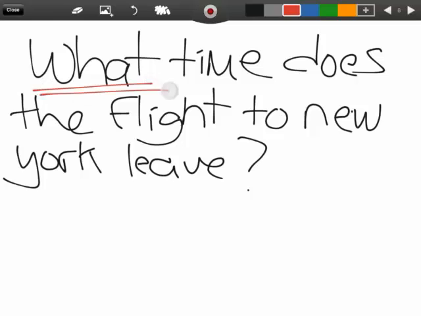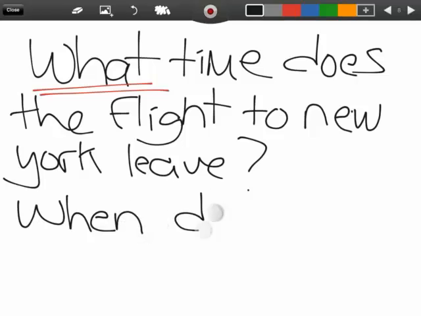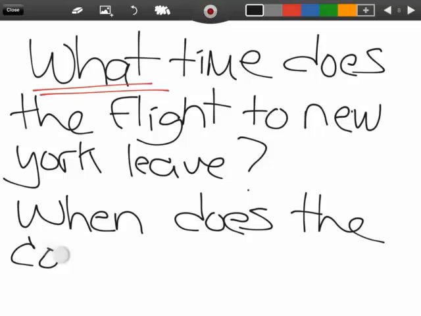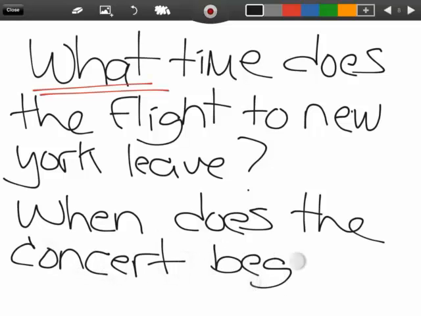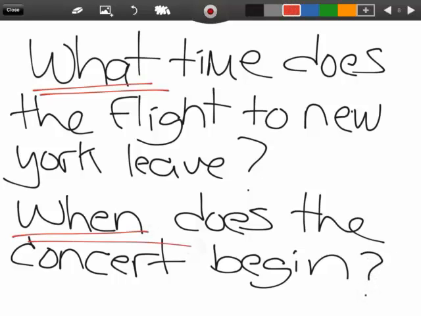I'm going to go ahead and underline these. When does the concert begin? I'm going to go ahead and underline this for you as well.